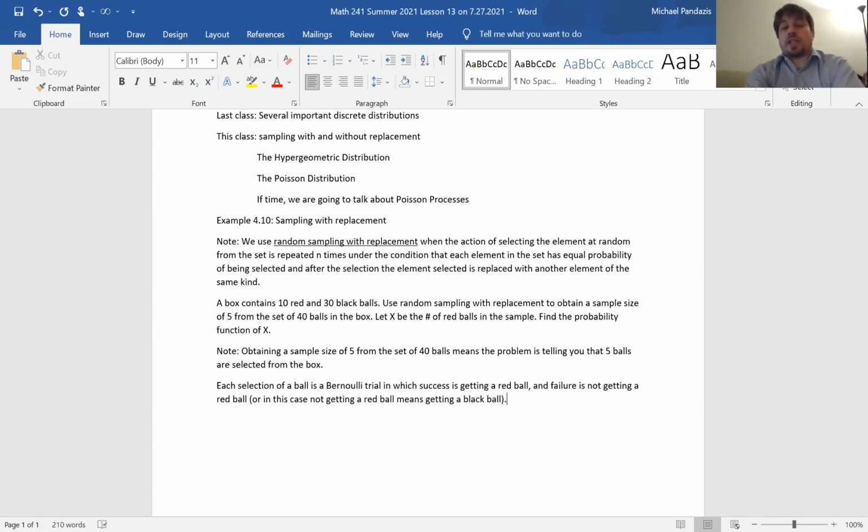You select 5 balls. Now it's random sampling with replacement. So when you select the ball, that ball is replaced when you make the next selection. Every time you select a ball, it's a Bernoulli trial, because you're either getting a red ball and succeeding, or getting a black one and failing.